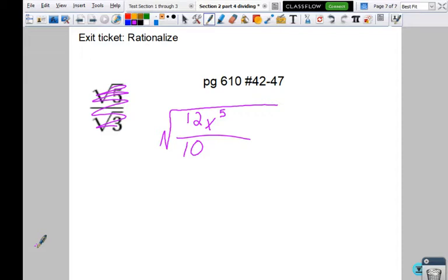Oh, I understand. When I say square root, you guys are putting 6 times 6, and then 3 times 3. When I say square root of, we're going to rewrite it: square root of 12x to the fifth on top over square root of 10.